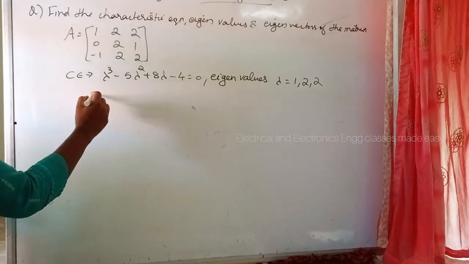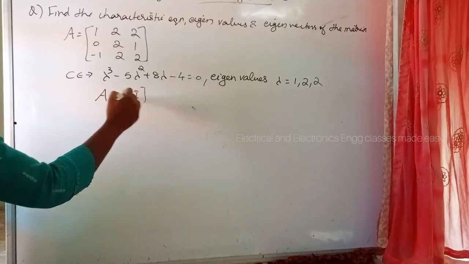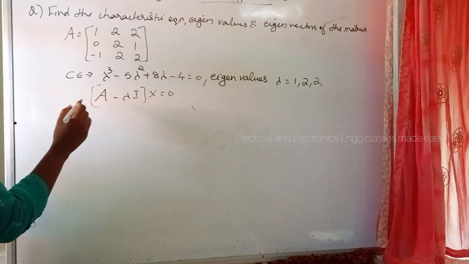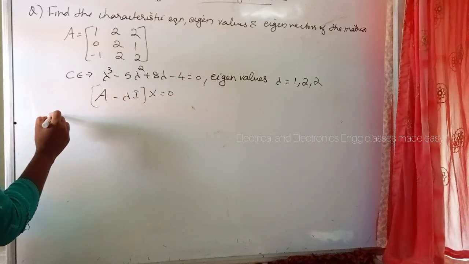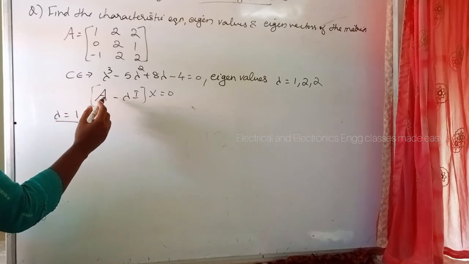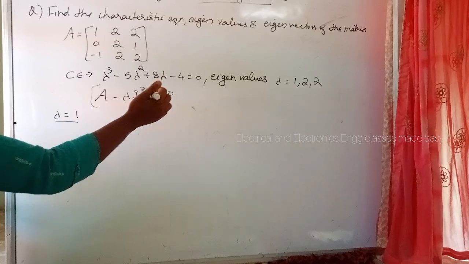Now let us consider the relation A minus lambda I into x equal to 0. Now we have to find the eigenvectors. So the eigenvector corresponding to lambda equal to 1. So what is A minus lambda I?